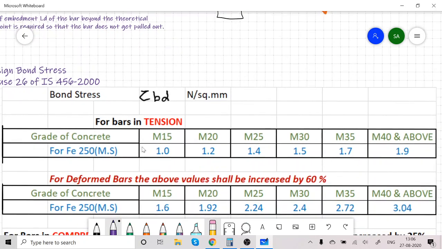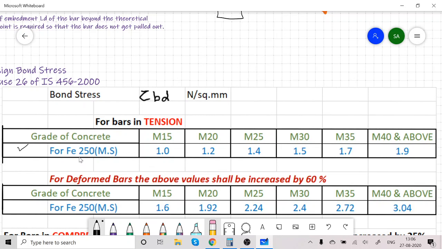For bars under tension, for grades of concrete, this table is for Fe 250, that is mild steel: M15, M20, M25, M30, M35, M40 and above, and the corresponding tau BD values are given in Newton per square millimeter. Remember, this is for mild steel.